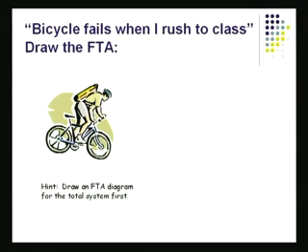Something went wrong. You start with the different modes by which it could fail, and then see what could have caused it. Either I had a puncture, or the chain broke, or something jammed, or perhaps the ball bearings have gone. You've got to figure that out. So try to do an FTA before we go further.